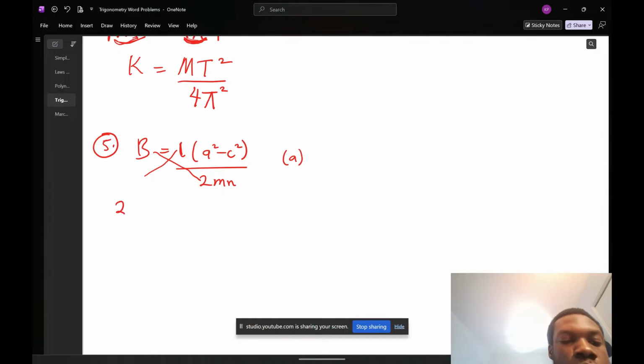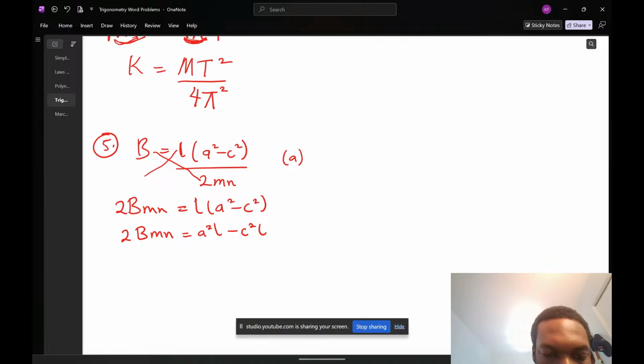So we have 2 capital letter B m n is equal to L into A squared minus C squared. Okay. So we have 2BMN is equal to A squared L minus C squared L.